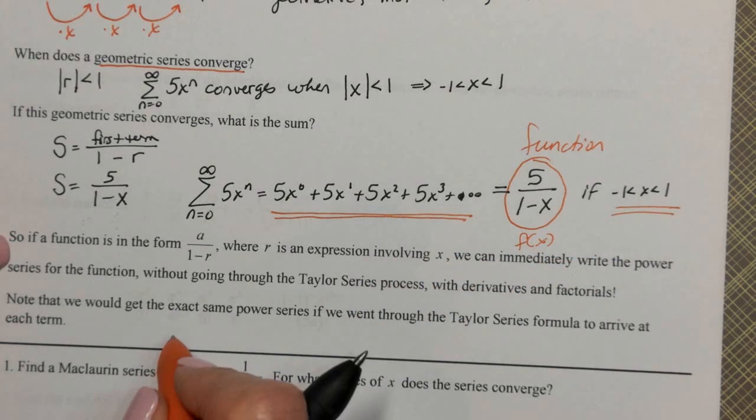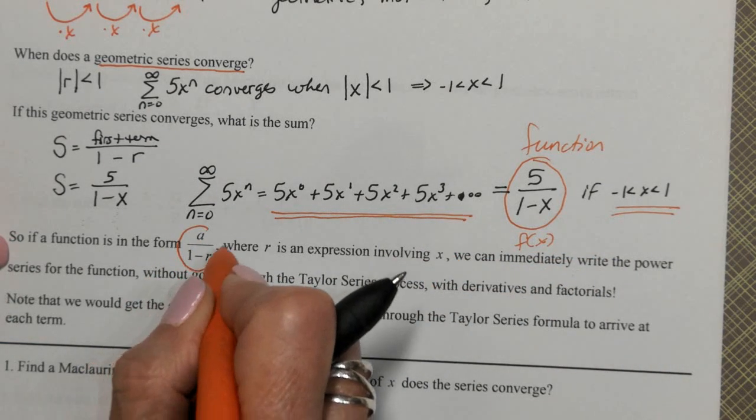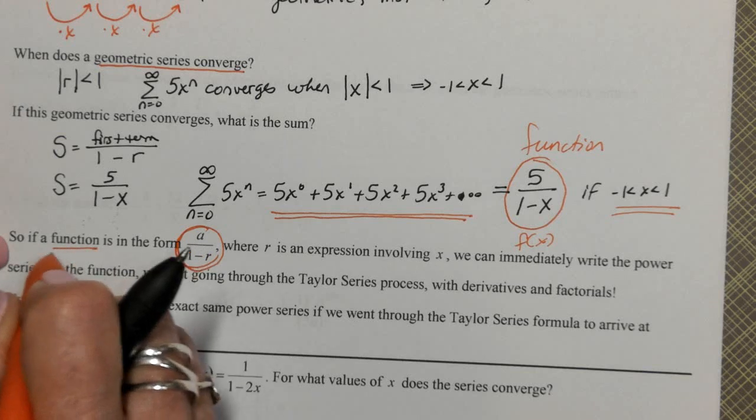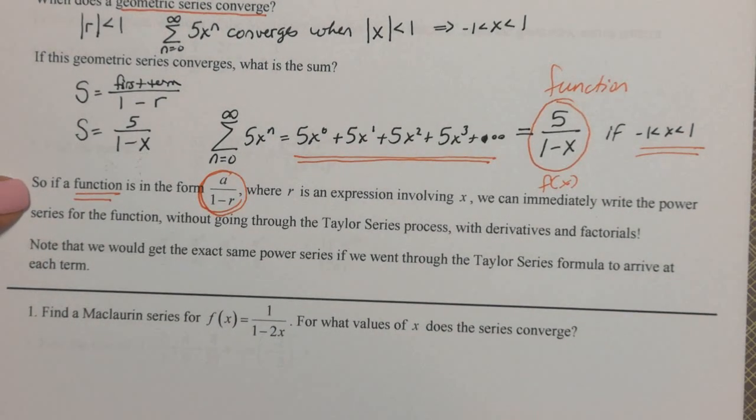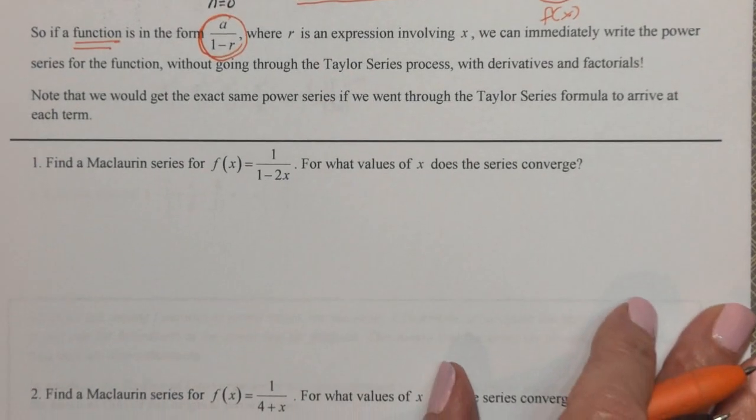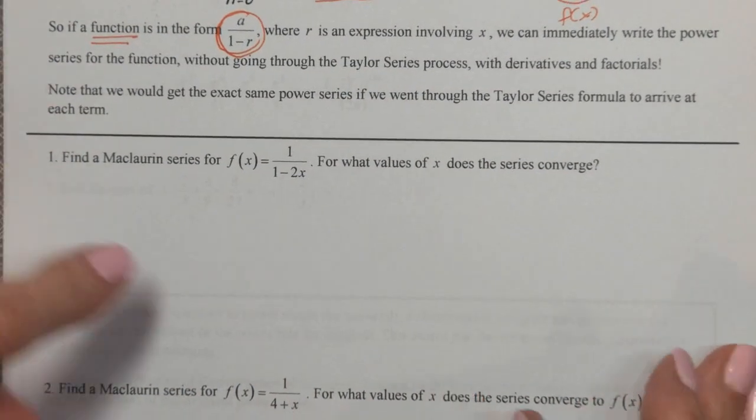So if a function is in that form, where r is an expression involving x, we can immediately write the power series. And we can very quickly get the interval of convergence. We don't have to go through the whole Taylor series pattern. We can just immediately get the power series. Okay? Let's see how this works.